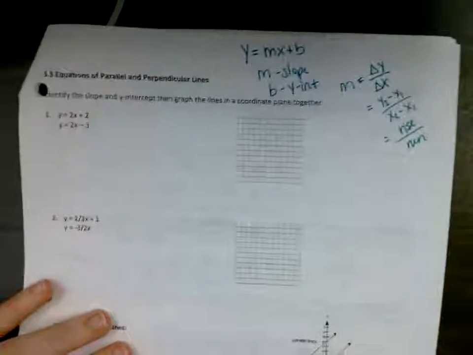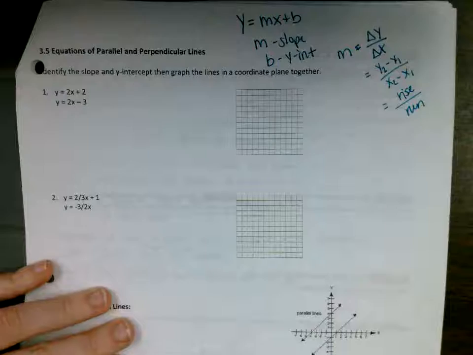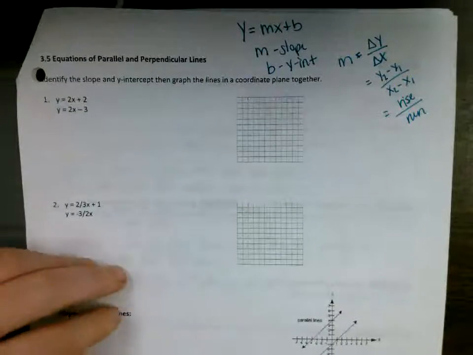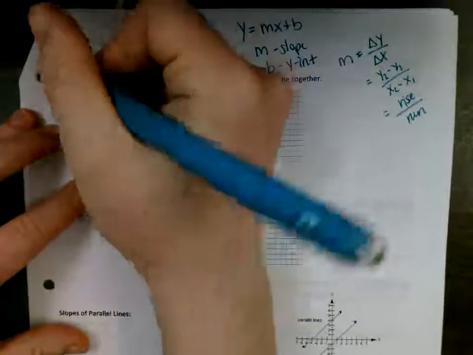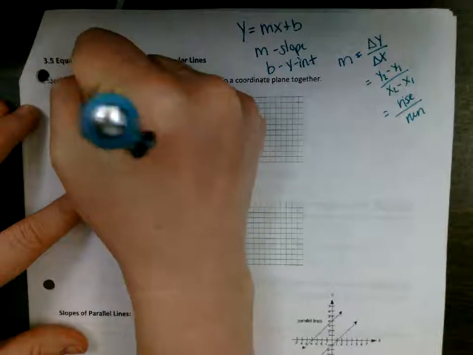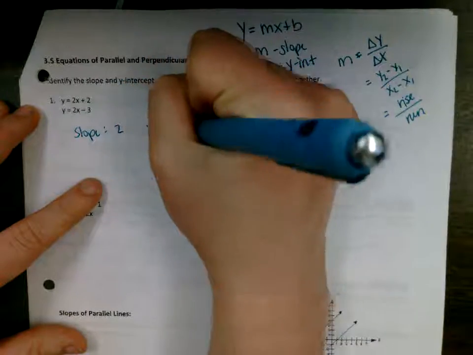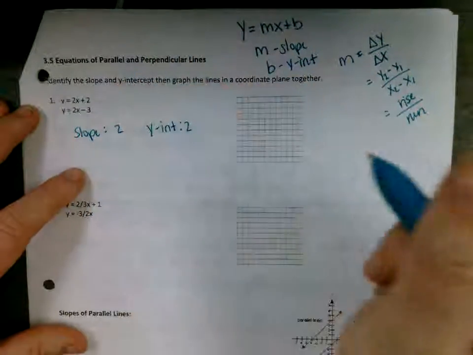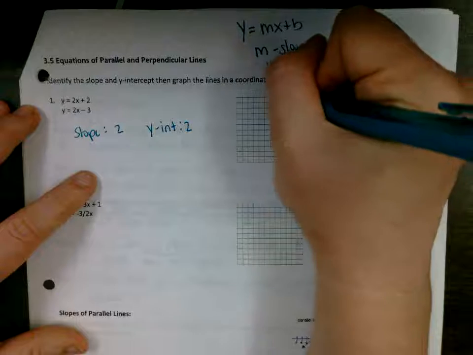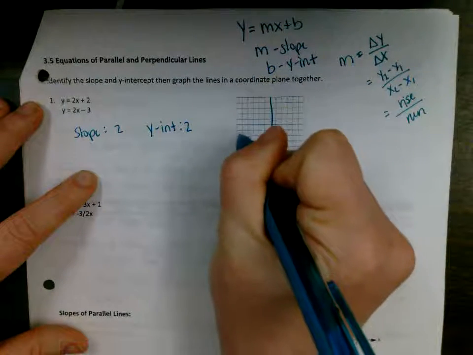So over here, we're going to identify the slope and the y-intercept and graph the lines in the coordinate plane together. Again, we have our slope for our top line is 2. The y-intercept is positive 2. So I'm going to go ahead and graph that first. Let me draw in my axis here.